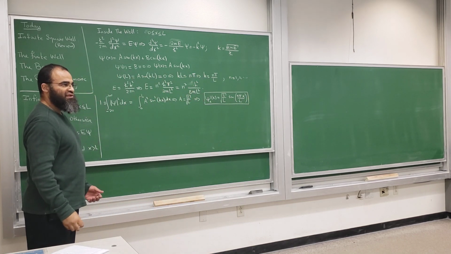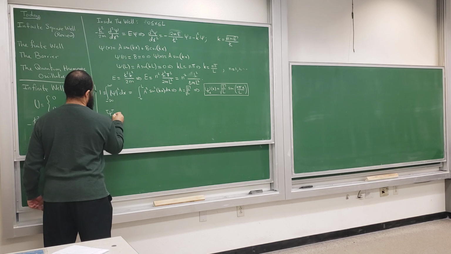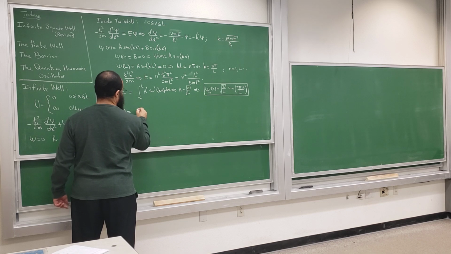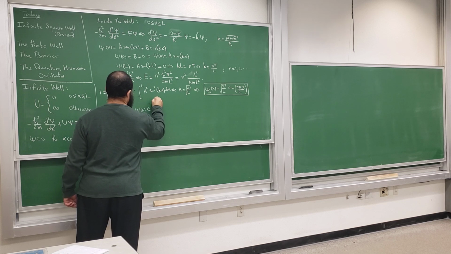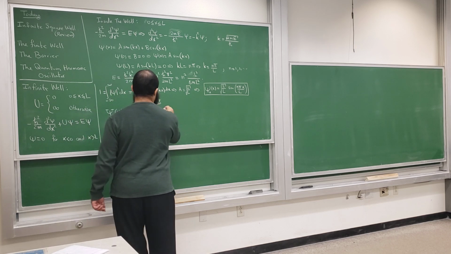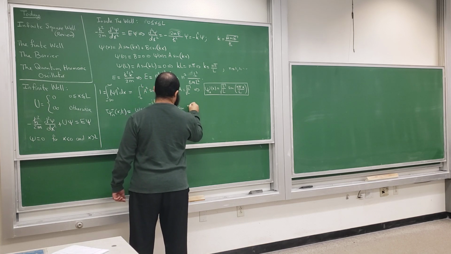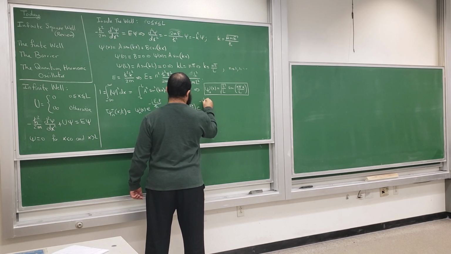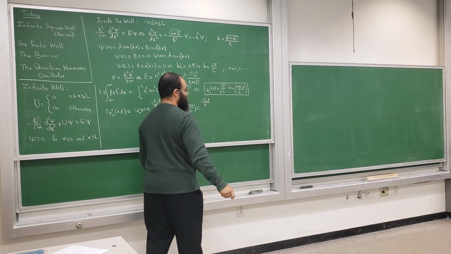I also mentioned, for completeness, if you want this one, the time-dependent wave function, psi n would be psi n of x times e to the minus i E n times t over h bar, and that becomes the square root of 2 over L, sine of n pi x over L, times e to the minus i E n times t over h bar.